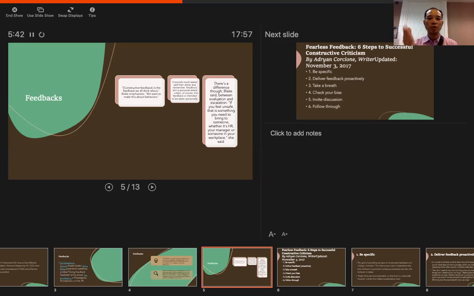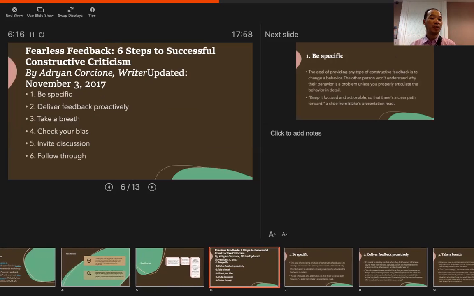If you feel unsafe, you may not feel secure, thinking someone will hit me after I speak about their faults, right? So you don't say it. There is something you need to bring to someone, whether it's HR, your manager, or someone in your workplace. This is what she said. Okay, fearless feedback.